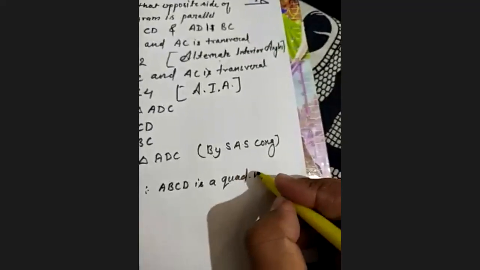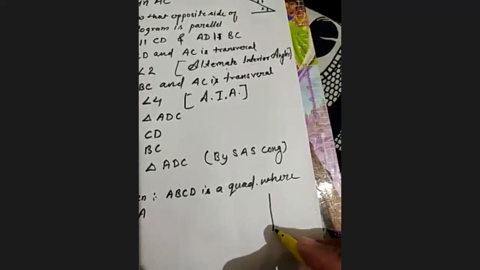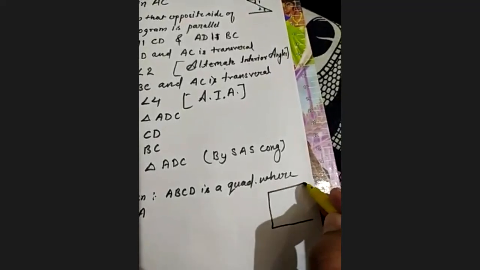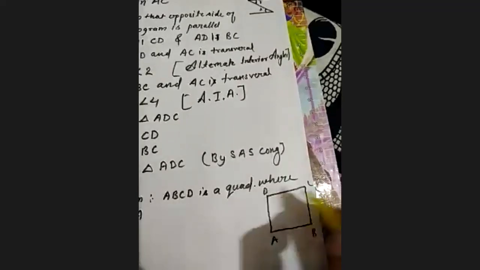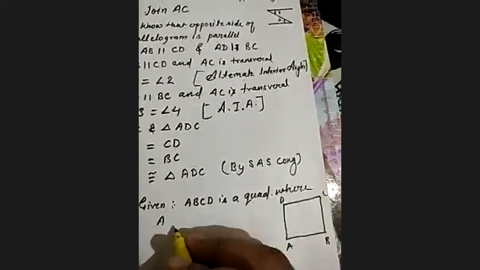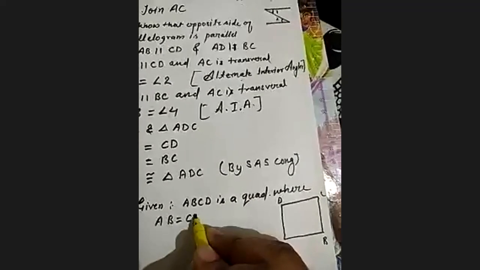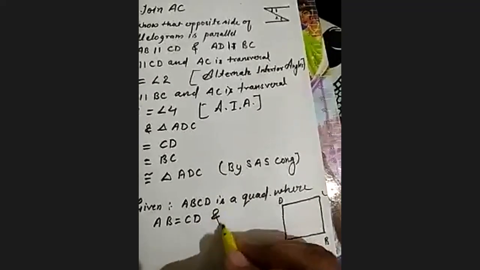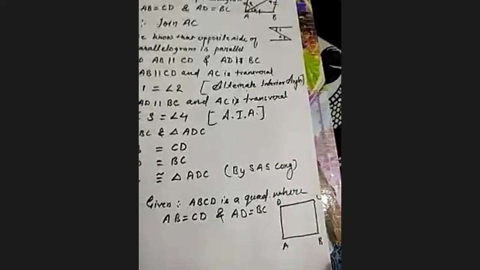Let us draw the figure first. Here ABCD is a quadrilateral where opposite sides are equal. So AB side is equal to CD side and AD side is equal to BC side, already mentioned in the question.